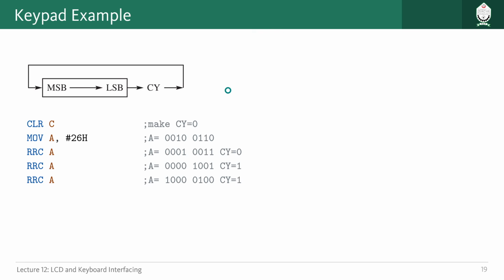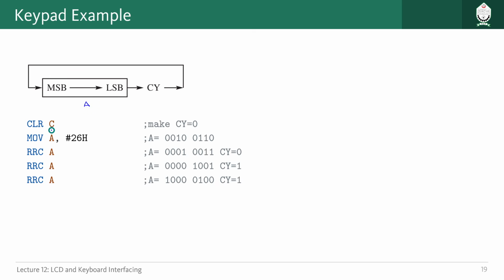Rotate right with carry means, let's say this is register A, this is the most significant bit, this is the least significant bit. Whenever you execute this kind of line, rrc A, all the bits will shift to the right by 1 bit, including carry.